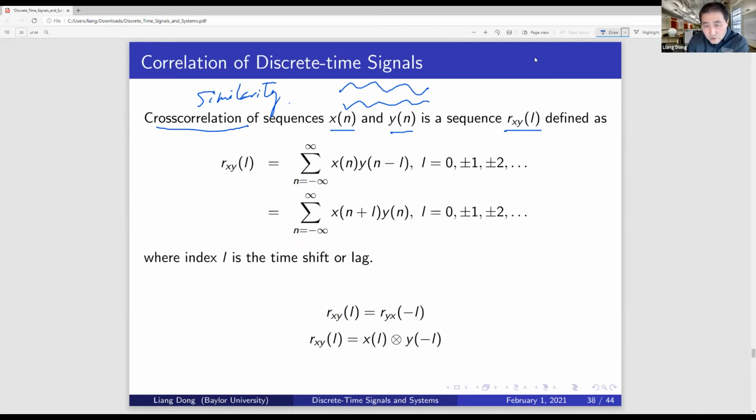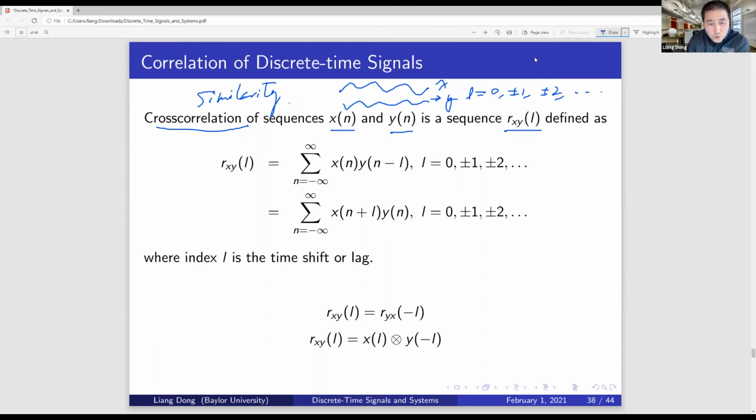This is x, this is y. I'm going to shift y a little bit, every time by one time unit, by one sample, and then compare the similarity between these two. How much you shift, l, is the variable. l can take 0, positive or negative 1, positive or negative 2, and so on and so forth.